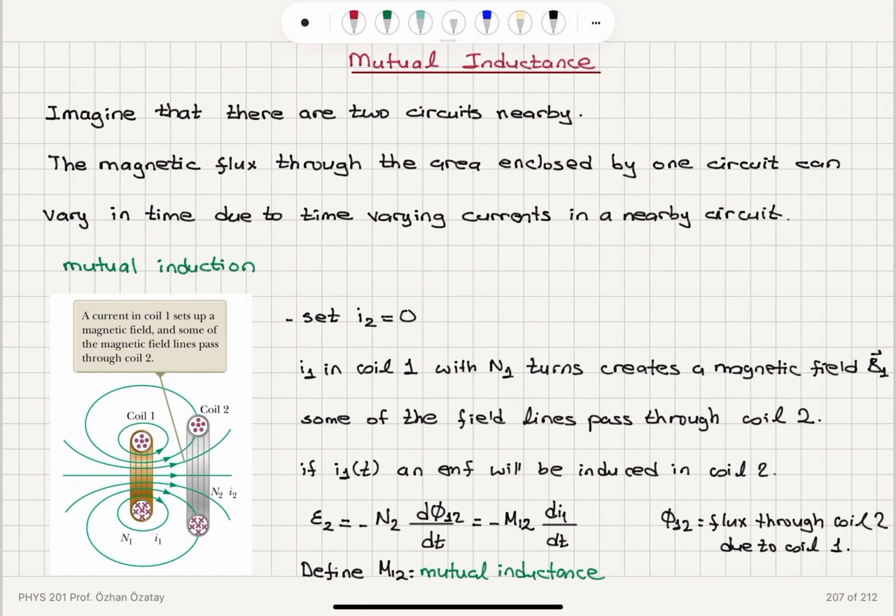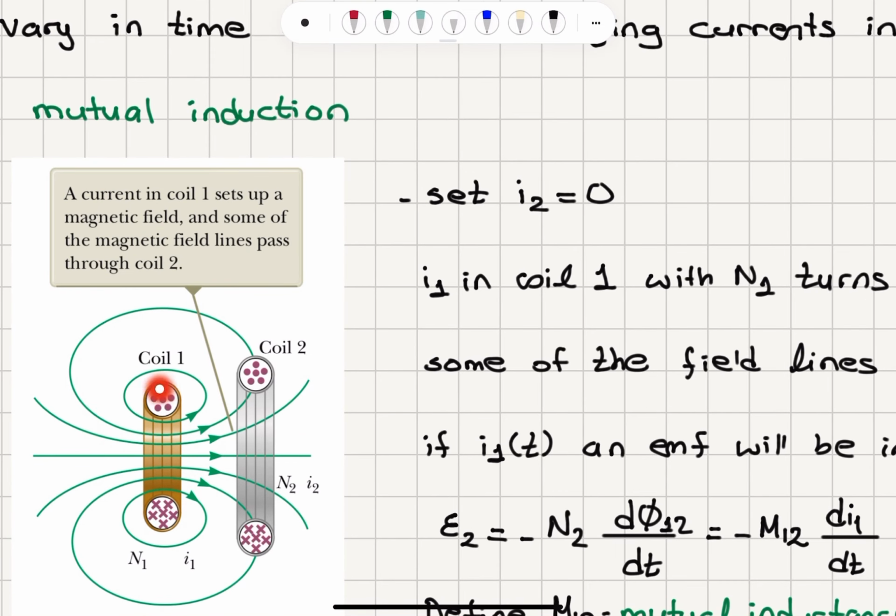Alright, so we considered a situation where we have two coils nearby. First, I set the current on coil 2 to 0, and I have a time-varying current on coil 1. So the current is coming out of the page here, going into the page here, creating a magnetic field pattern as shown in this figure, and these field lines are going through coil 2.